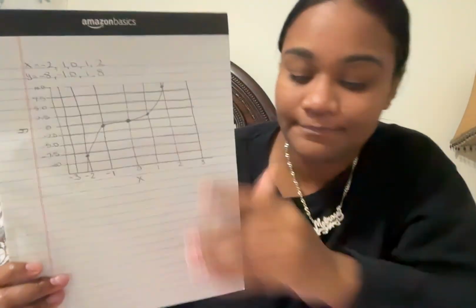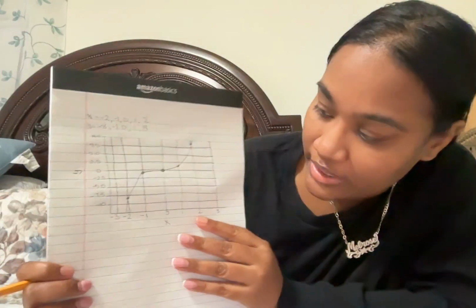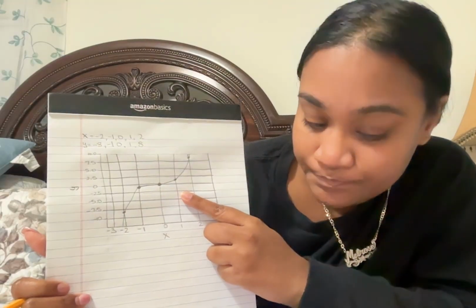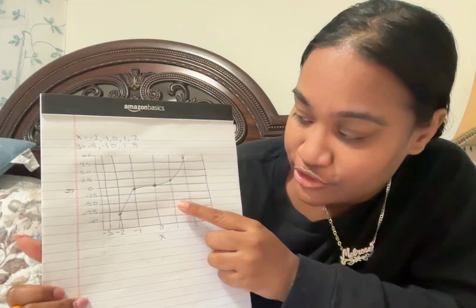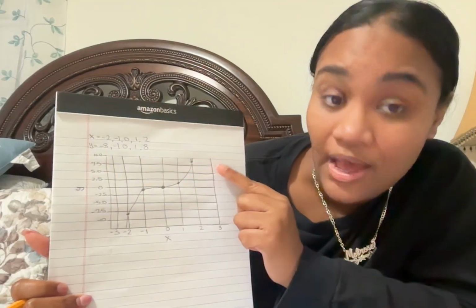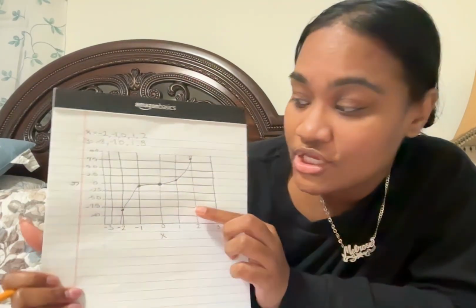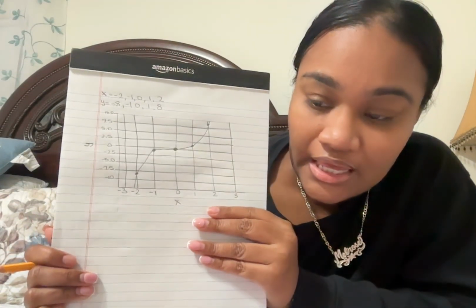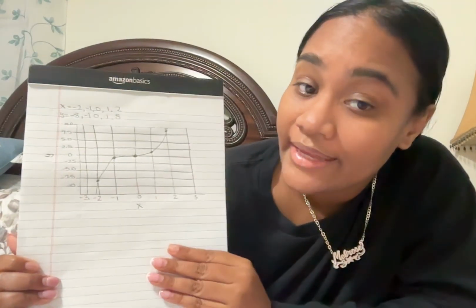So with that being said, it looks like from the plotted points, the points formed an S-shaped curve. And because the degree is odd, the ends go in opposite directions. So this is a perfect example of a cubic function, y equals x cubed.